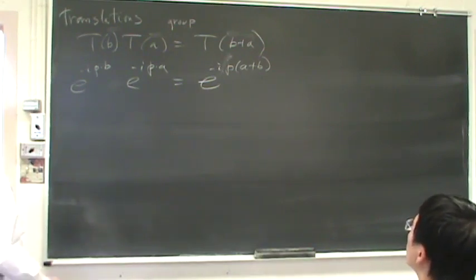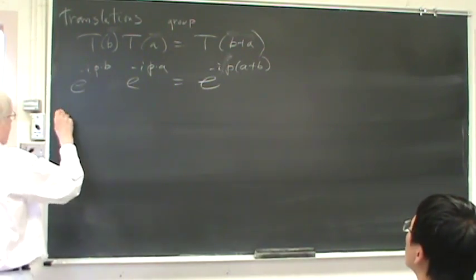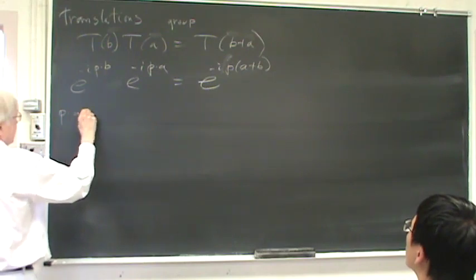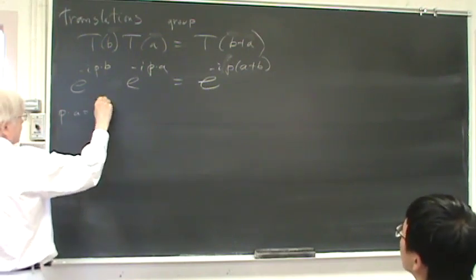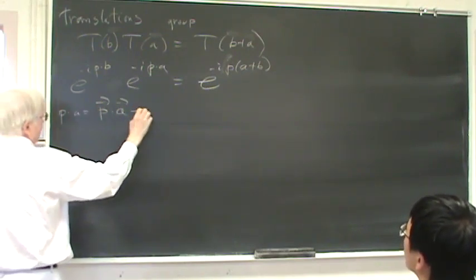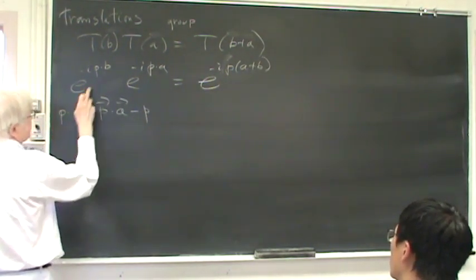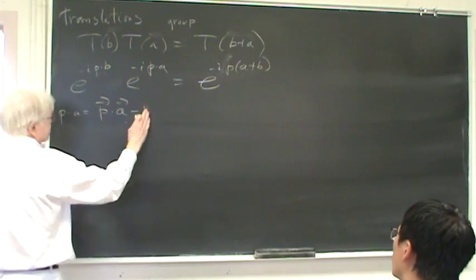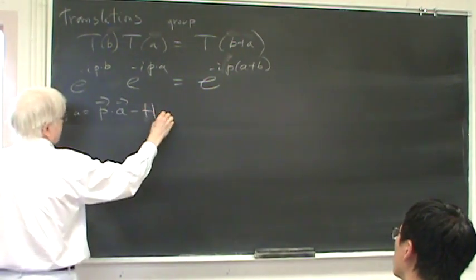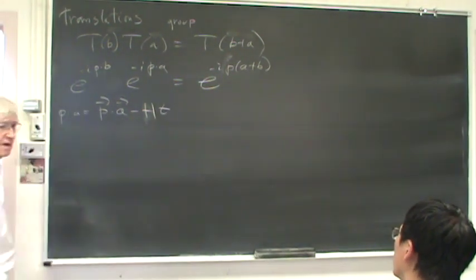In fact, p dot a here is really p vector dot a vector minus, since these are momentum operators, minus the Hamiltonian times the time, say.